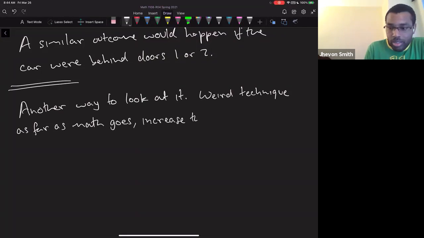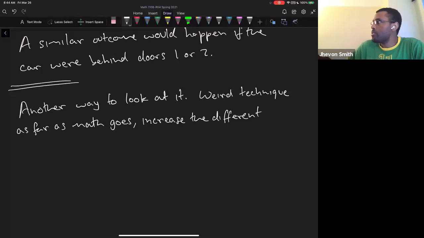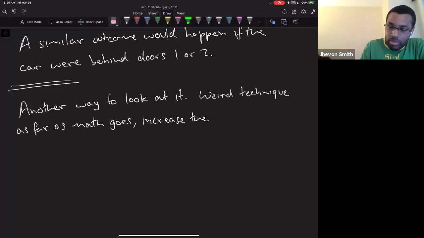Increase the difficulty. Very commonly in mathematics, when you want to solve a difficult problem, you simplify. If you have a problem with 10,000 moving parts, you just imagine that the problem had 2 or 3 moving parts. And when you figure it out on that level, you can extrapolate your results to the 10,000 moving parts. Here, we're going to do quite the opposite. We're going to increase the difficulty.